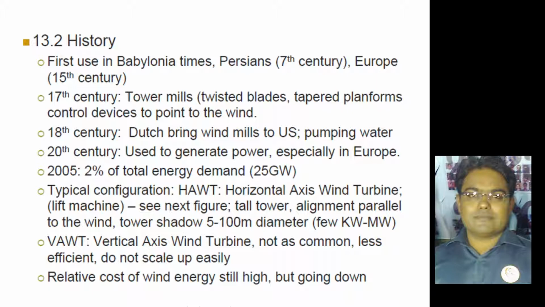Let us look at the brief history of the application of wind turbines. The first use of wind turbine technology was found in Persia in the 7th century and later in Europe in the 15th century.